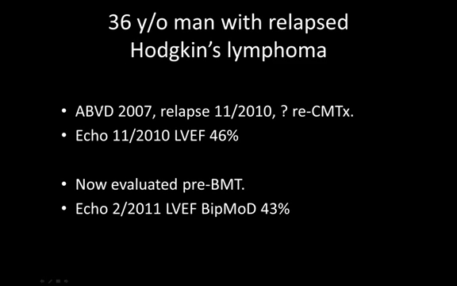A 36-year-old man, relapsed Hodgkin's, had a regimen that contained anthracycline at his initial diagnosis in 2007, but unfortunately relapsed at the end of 2010. They wanted to re-give him chemotherapy. The oncologist had known that he had a low ejection fraction by echo from before, but he was seen in our clinic about 4 months after that, in sort of a hurry to proceed with bone marrow transplant.